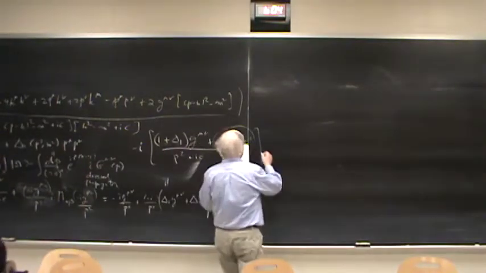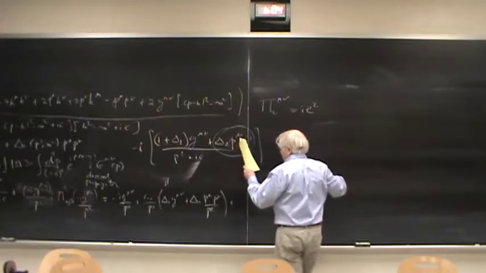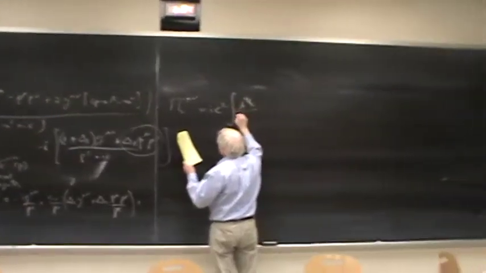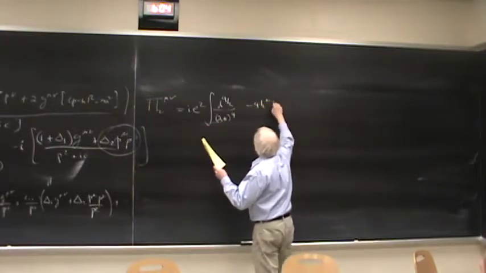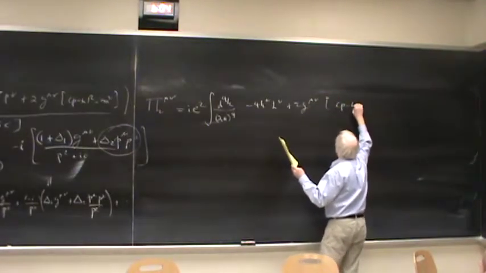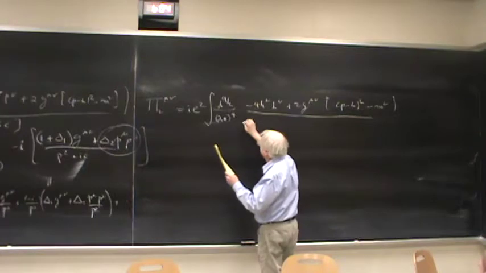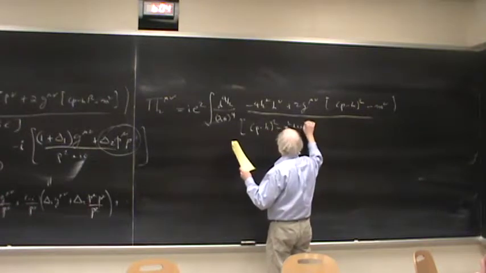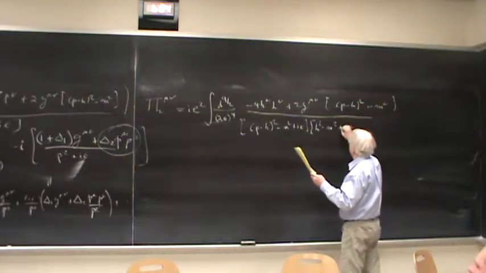And so what we'll be looking at then is pi 2 mu nu equals i e squared integral d4k over 2 pi to the fourth, minus 4 k mu k nu plus 2 g mu nu, times p minus k squared minus m squared, and then that is over p minus k squared minus m squared plus i epsilon, k squared minus m squared plus i epsilon.